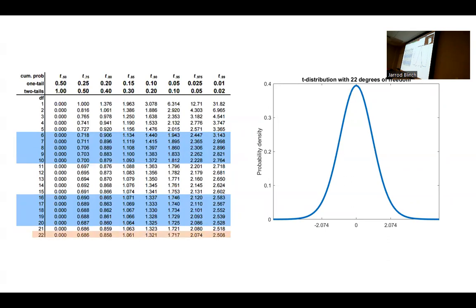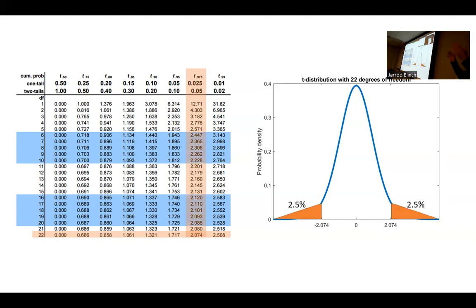So we've got 22 degrees of freedom. We want to find that 5% value. So 2.5% are going to be on each side. So we want to go to the 2 tails contain 5%, or 1 for each tail has 2.5%. And that's our critical t value, 2.074.